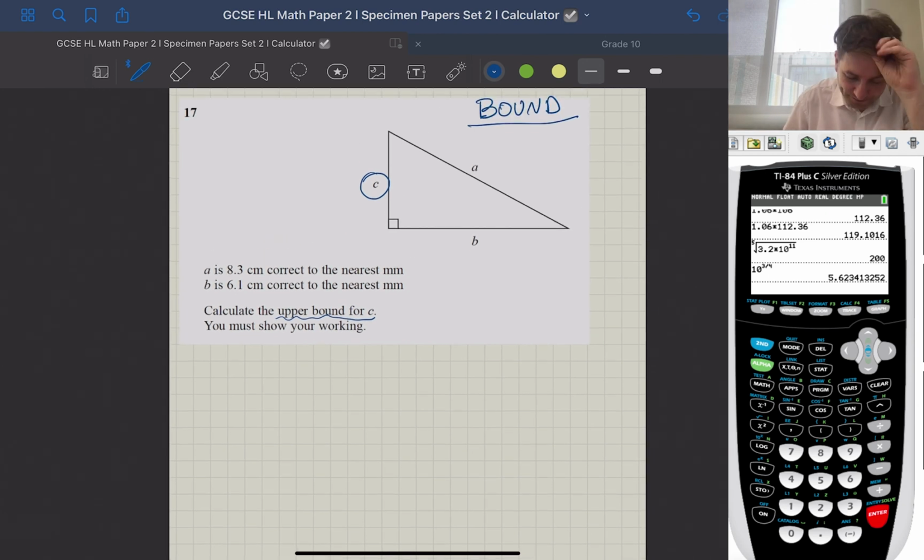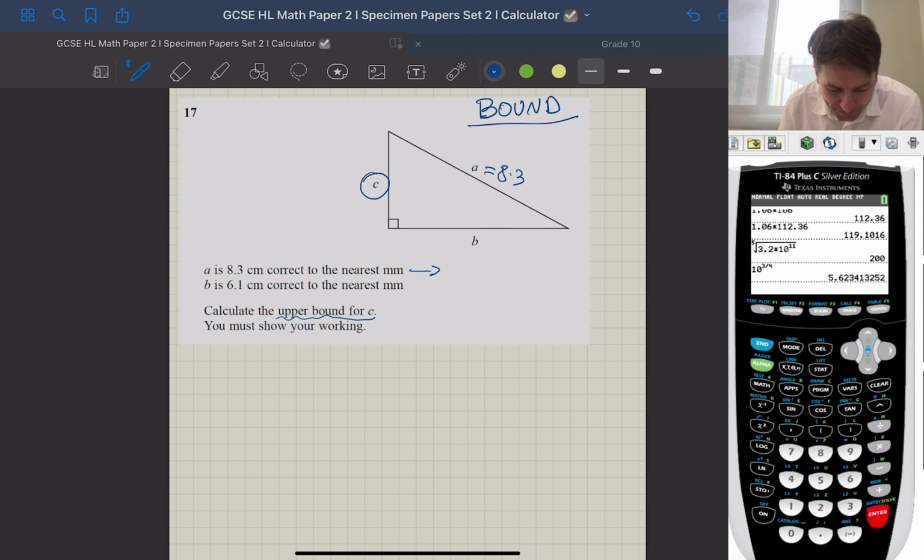Now, what are bounds? So, first of all, we have some measurement of A. This value, they say it's 8.3, but it's actually not 8.3. This is a number that's been rounded to the nearest millimeter, and this is why it is 8.3. So what could this number be?